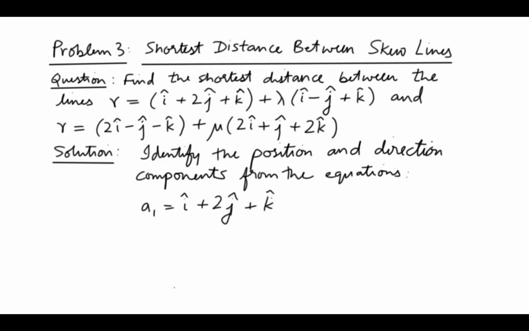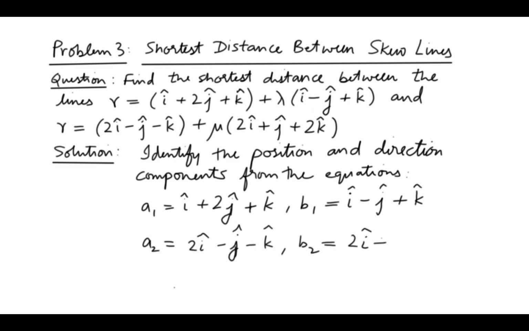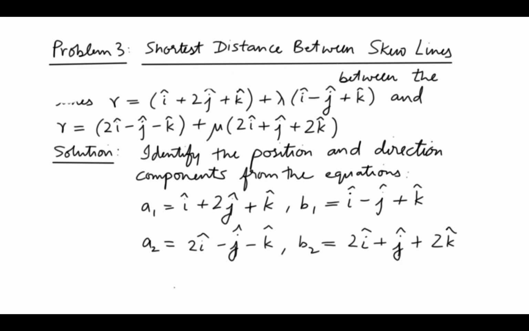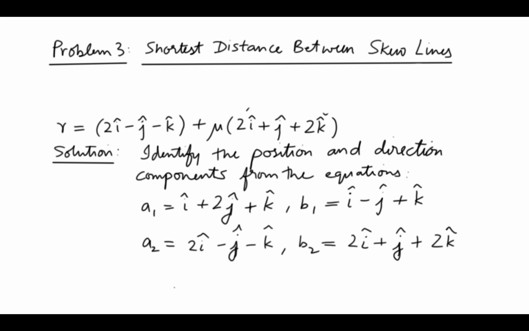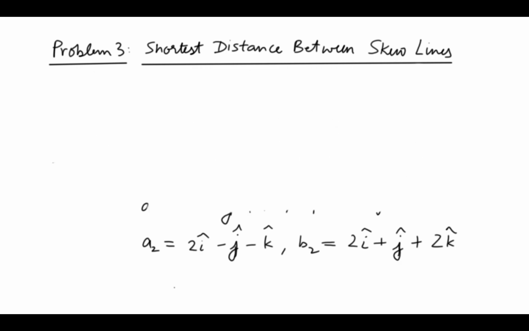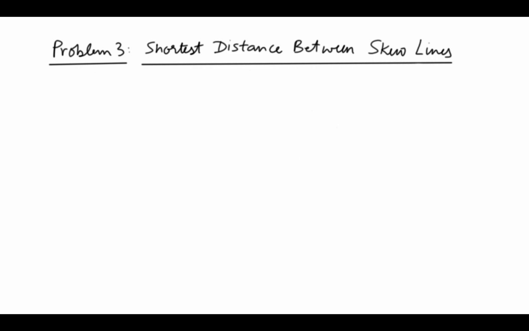You can consider them as r1 and r2, or take different naming. So first, identifying the position and direction vectors: a1, b1, a2, b2.